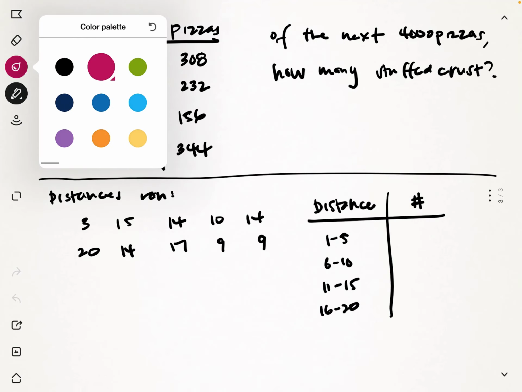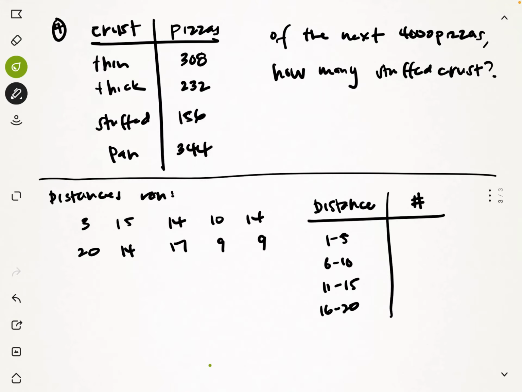Okay, on to the next one. So in our table, we have a table of different crusts and how many pizzas were sold with that crust. So we have thin, thick, stuffed, and pan. So it's asking us from the table, determine of the next 4,000 pizzas, how many are going to be stuffed crust.